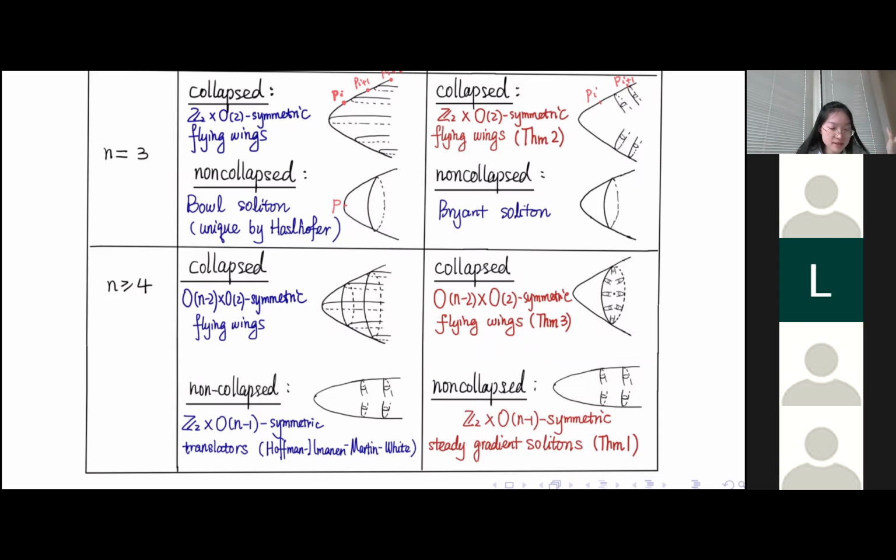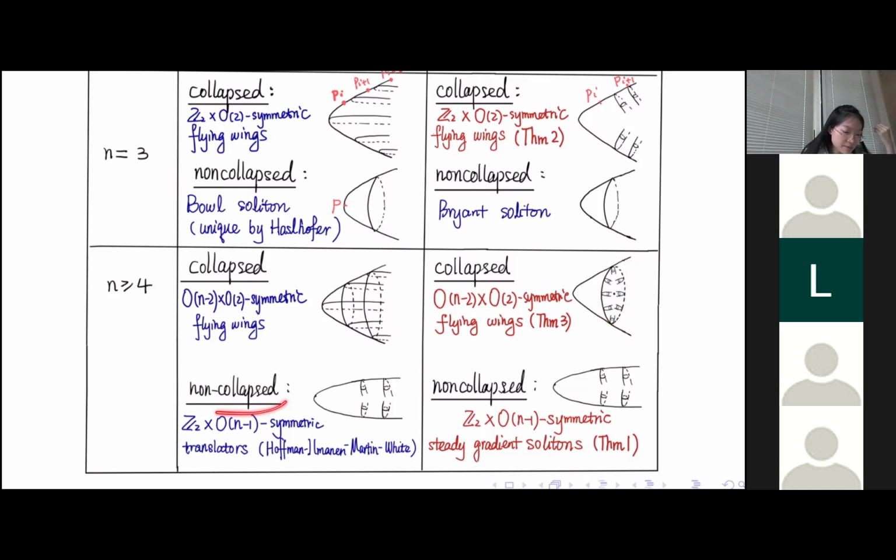So we can show that such flying wings are also available in Ricci flow, and also that in the level set you will see a bunch of cigar solitons, and then in dimension 3 they are parameterized by a circle. Okay, so that is a higher dimensional flying wing. It is how they look.